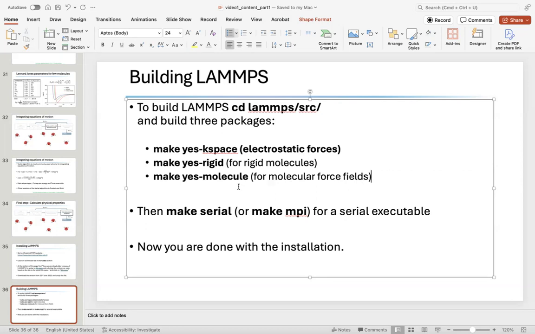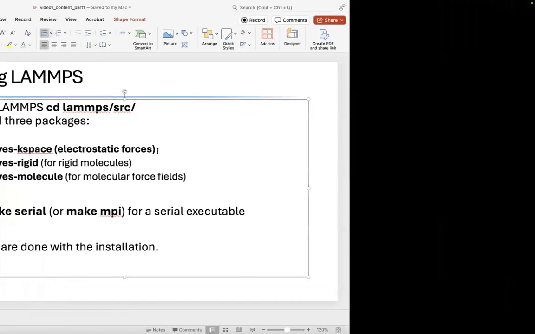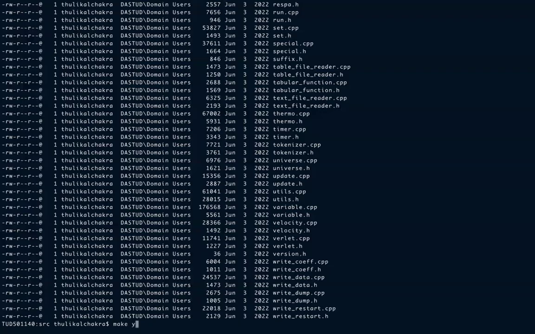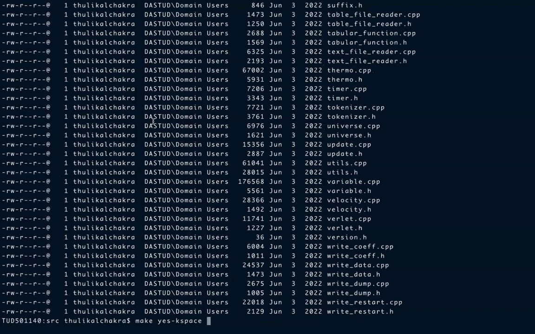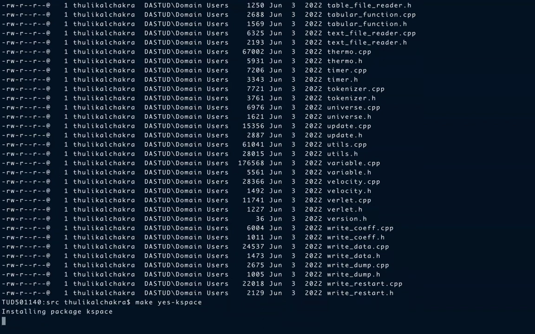Yeah. So let's do that. Let's do it step by step. Let's first say make yes kspace. Now, if you're not able to see this, let me increase the size of the terminal font. So let's first say make yes kspace. And if this happens successfully, it'll give you a message that it's installing the package kspace.